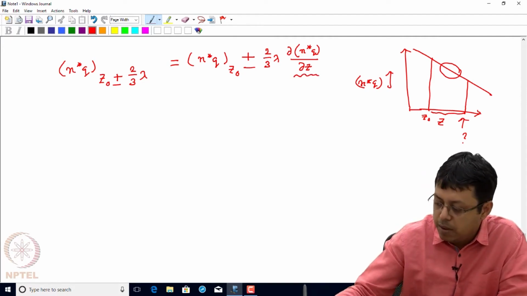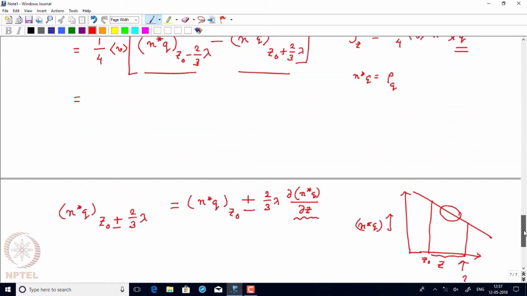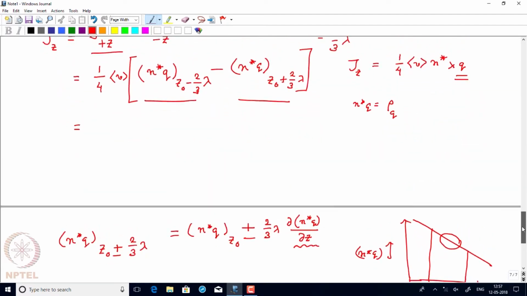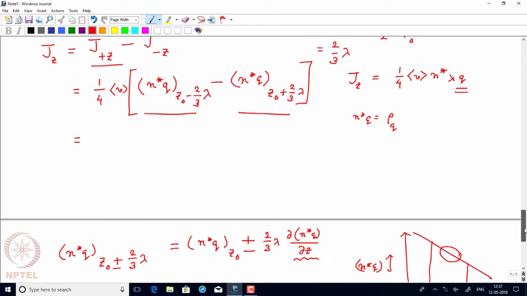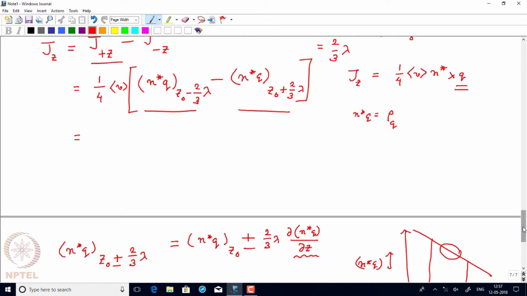So we can go back and write the expression for our quantity, the net flux along the z axis. It will be 1/4 average velocity, and then first the net upward flux.